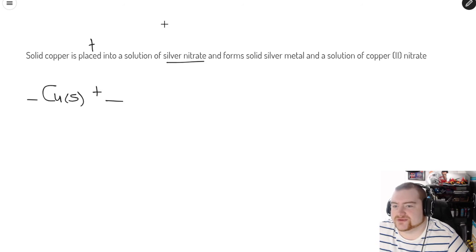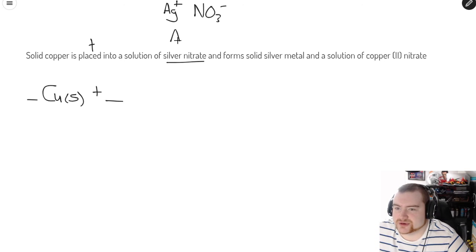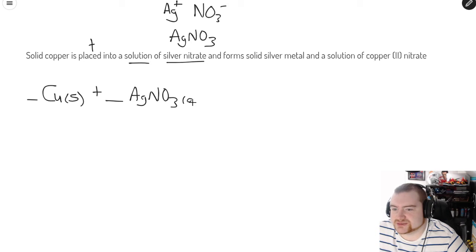When we figure out a formula from names, we use our charges. Silver is always going to be +1, and we know nitrate from our polyatomic ions list is NO3-. We make a formula, we're going to get AgNO3 because they're both -1. So we have AgNO3, and it says solution, and solution means it's going to be aqueous.